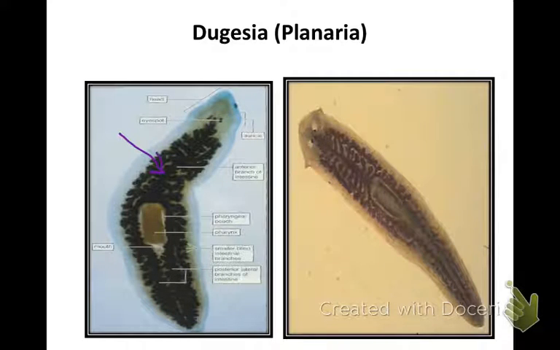So you can see much of the internal anatomy is devoted to this gastrovascular cavity, and material gets in and out of that cavity through the mouth, which is found kind of in the center of the organism, and that is followed by this muscular structure called the pharynx, which is used to move material in and out of the gastrovascular cavity. And you can see that you have both anterior and posterior branches of that gastrovascular cavity.